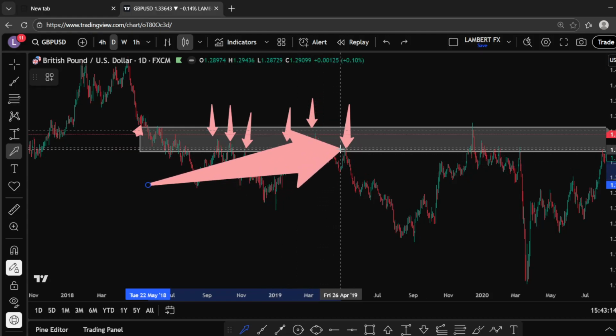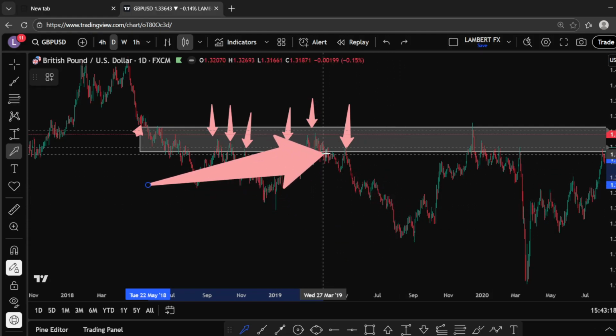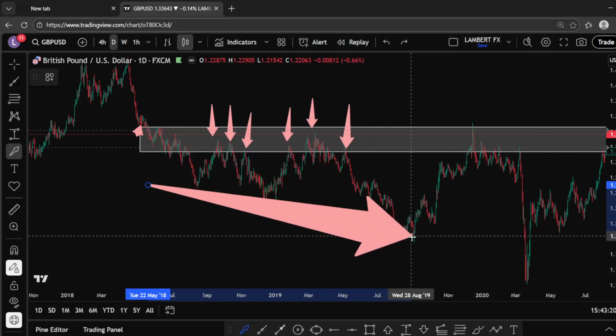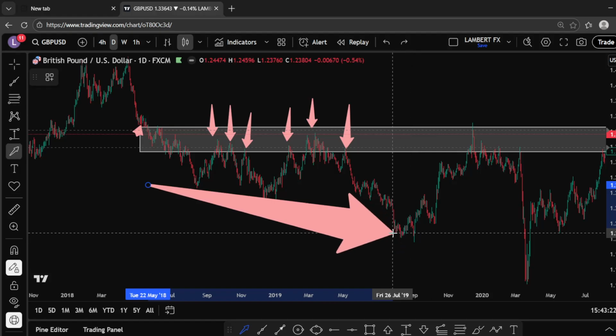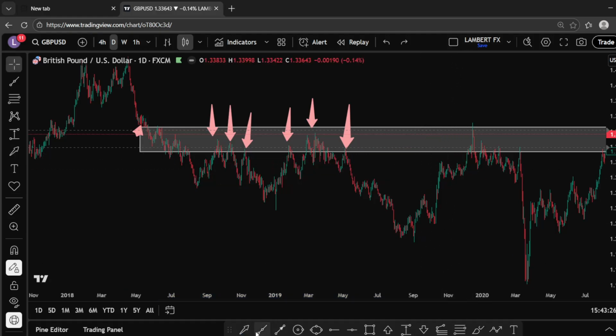Okay. So at the sixth touch, we had this big, massive drop to the downside. So when we retraced back to the level, you won't be surprised to see traders coming in to take a sell trade. Why?